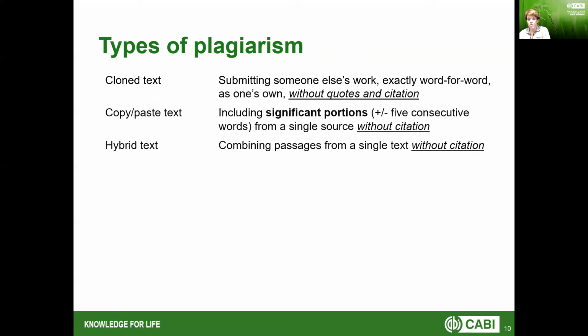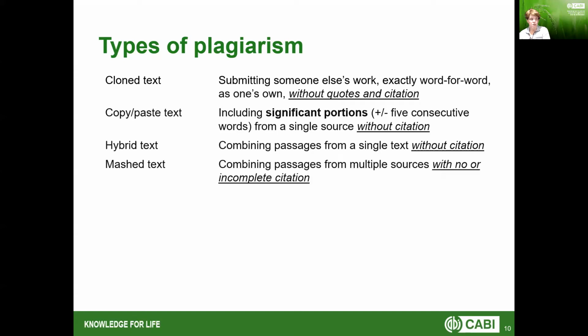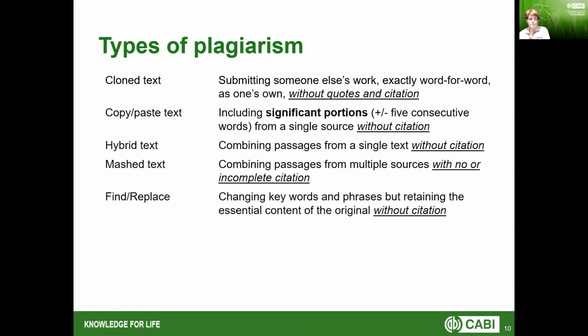There's hybrid texting, where you're combining different passages or different sections of sentences from a single text, again, without citation. You can have mashed text when you're combining different passages from multiple sources with no or with incomplete citations or inaccurate citations.